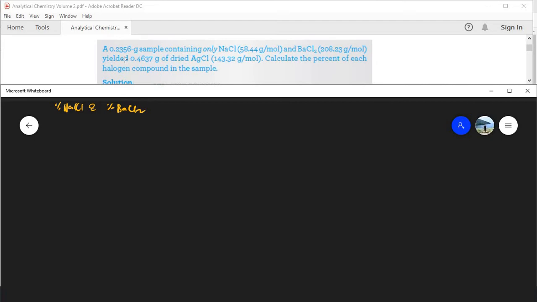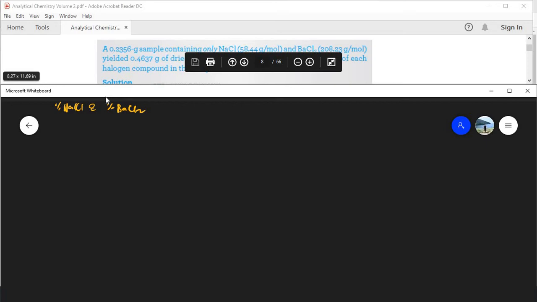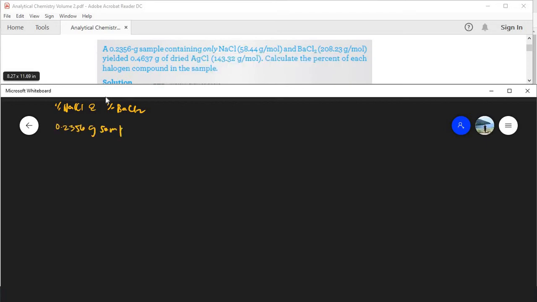If you have this 0.2356 gram sample, and it only contains sodium chloride and barium chloride, then it should be equal to grams sodium chloride plus grams barium chloride, since these are the components of the sample.